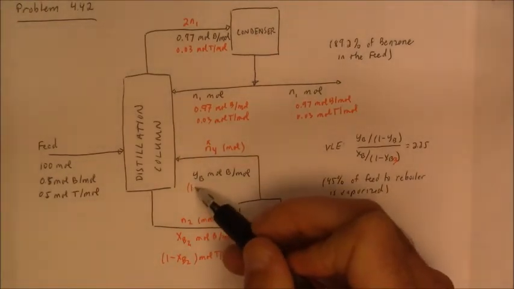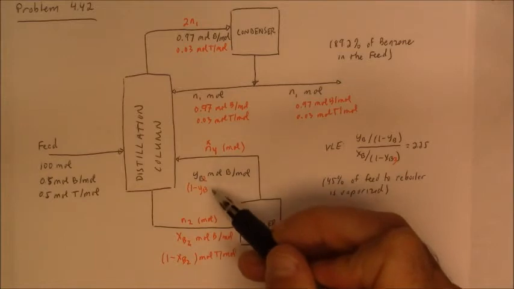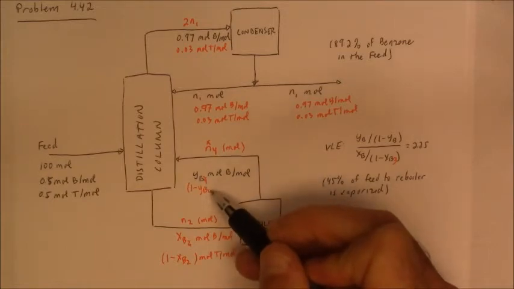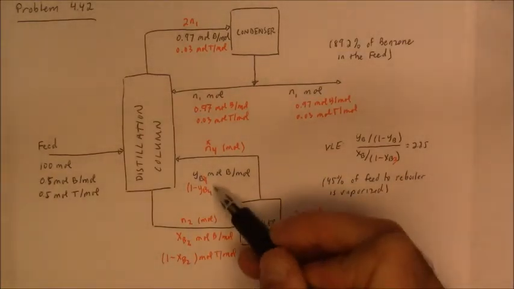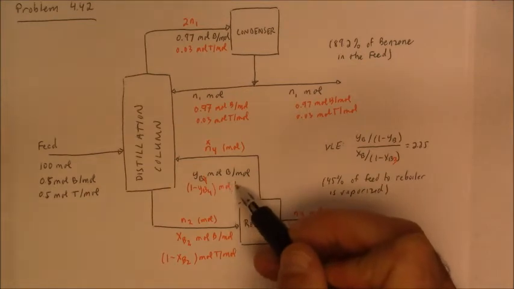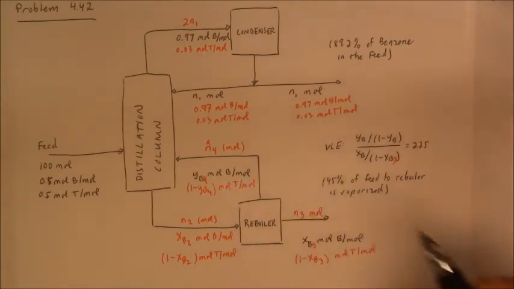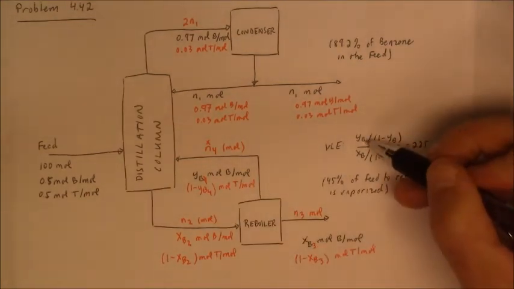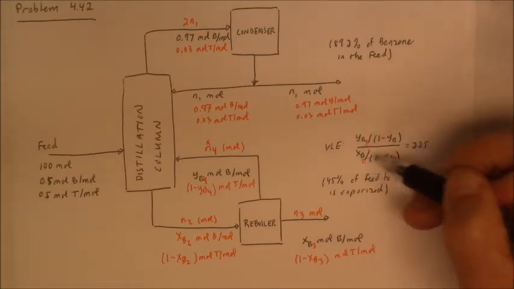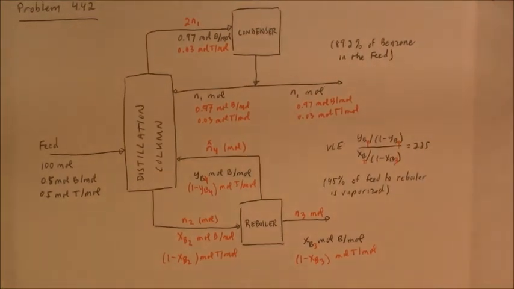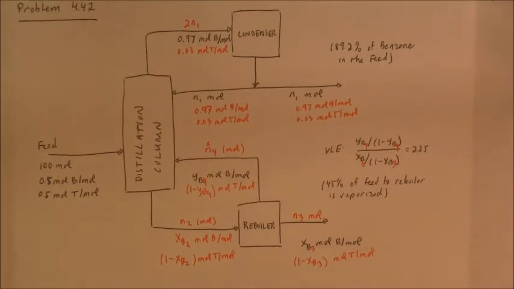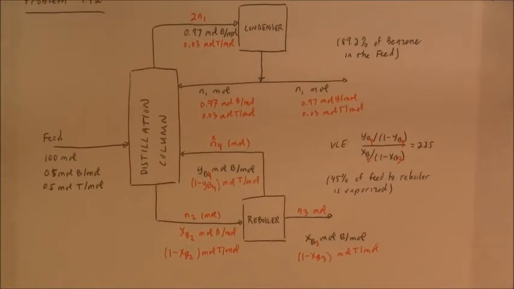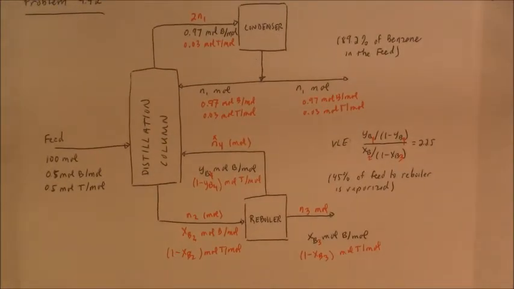Finally, 1 minus YB, and we'll call this stream 4, mole T per mole. So this should be B4, B2, B4. Okay, so now this gives us a properly drawn and labeled process.